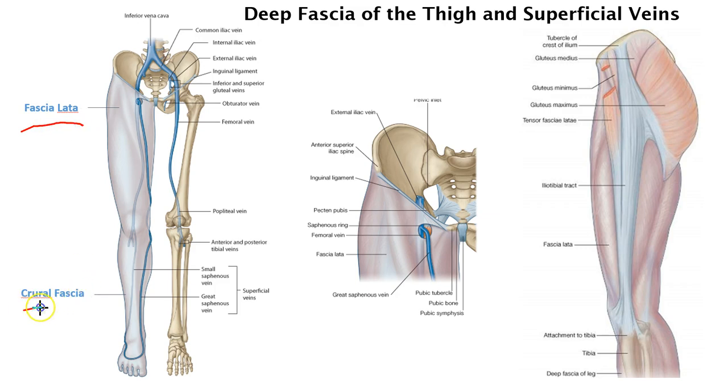The deep fascia of the thigh and the leg, in the thigh again called the fascia lata, and in the leg called the crural fascia, have other specializations. Again, we saw one specialization as this iliotibial band. Also, laterally, you'll note that this iliotibial band shows some expansions anteriorly. This is called a lateral retinaculum at the knee, and this has small connective fibers from the iliotibial band that connect into the patella.